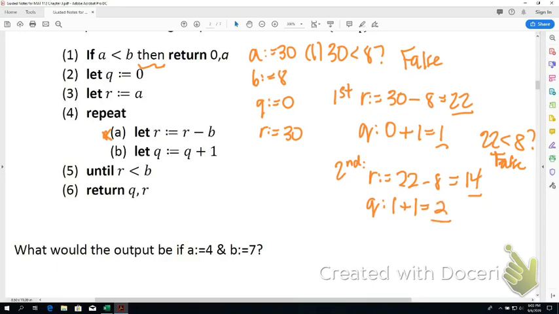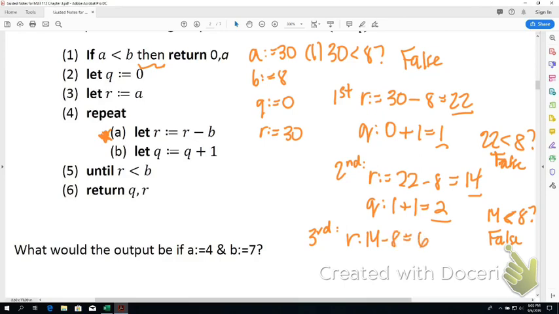And now I want to check that until statement. R, which is 14, is 14 less than 8? This is false. So what am I going to do? A third time through. So now we go back up to A again. So R would be assigned as 14 minus B, which is 8.